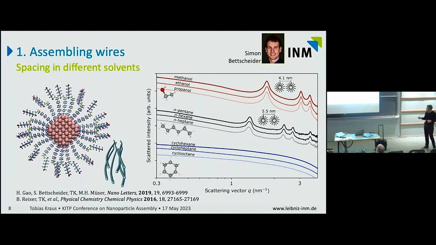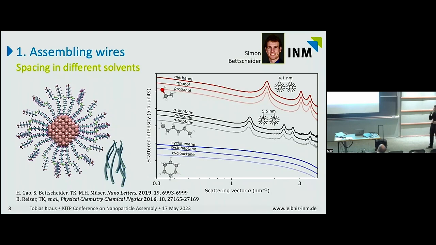And to our great surprise, if you add these wires to cyclic alkanes, which are physically not so different from the linear ones, but they are cycles, they apparently do not form ordered bundles. And if you do light scattering and look at the larger Q range, you will find that at this concentration they don't form bundles at all.